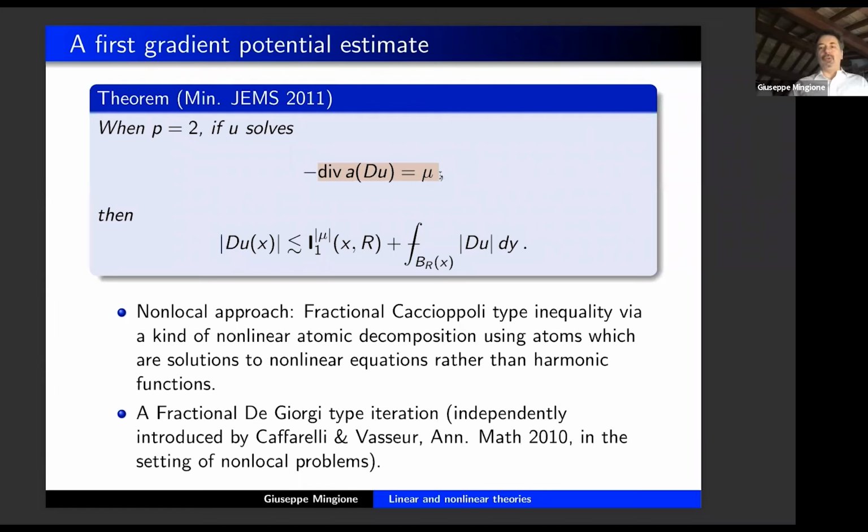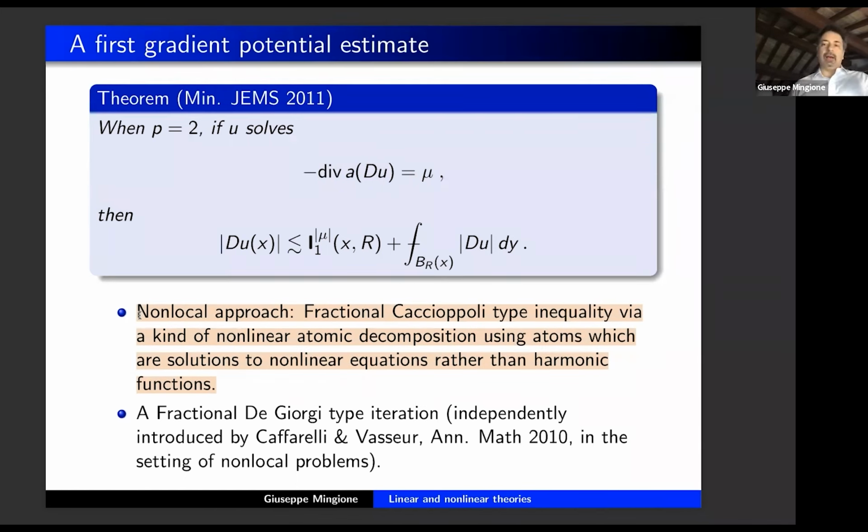So what you do is prove a fractional Caccioppoli estimate on certain truncations of the gradients. You take essentially the usual Bernstein technique and make a fractional version of it. This is very delicate because it involves a sort of nonlinear atomic decomposition that you usually do in fractional Sobolev spaces. But at the end, if you make some tricks, you can get a fractional Caccioppoli inequality.